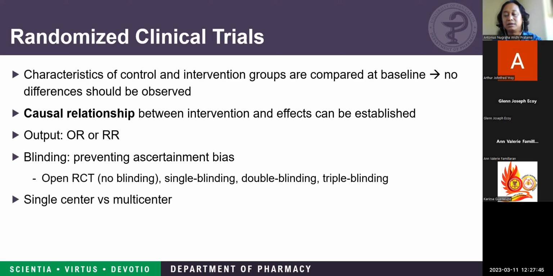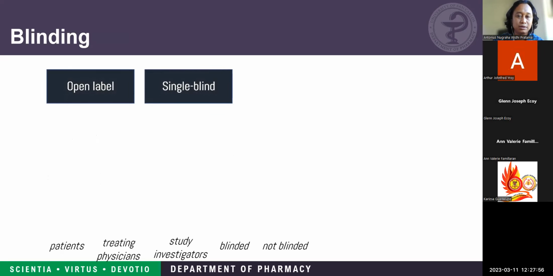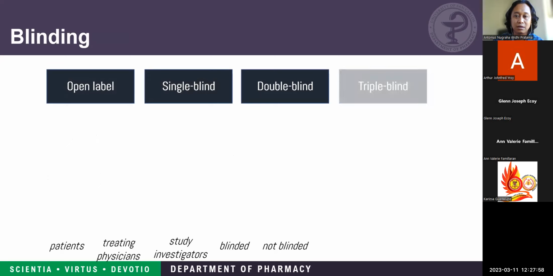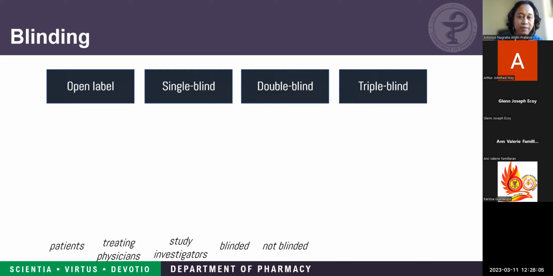Also single center, multi-center. Multi-center can be in one country or in more than one country, and so on. So this is the blinding. Sorry, doesn't appear.